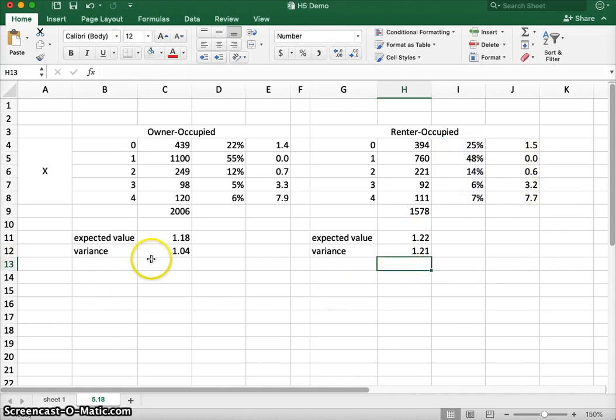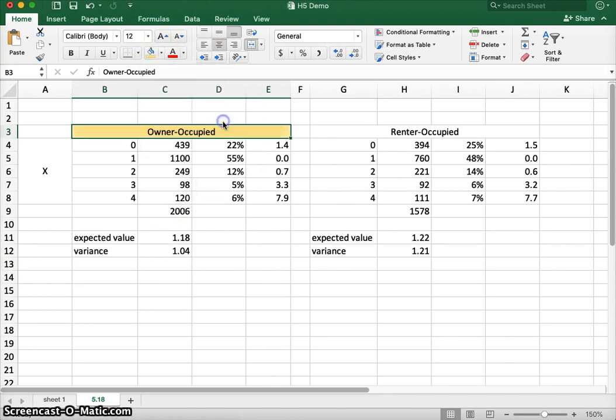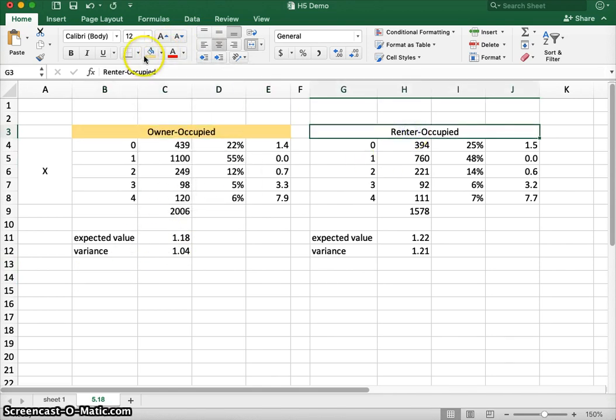Okay, so that answers all parts of the question except E. We can see that these are owner-occupied houses. We'll color this in a little bit. And these are renter-occupied houses. So we can see the difference. This is the expected value for owner-occupied. This is the expected value for renter-occupied.